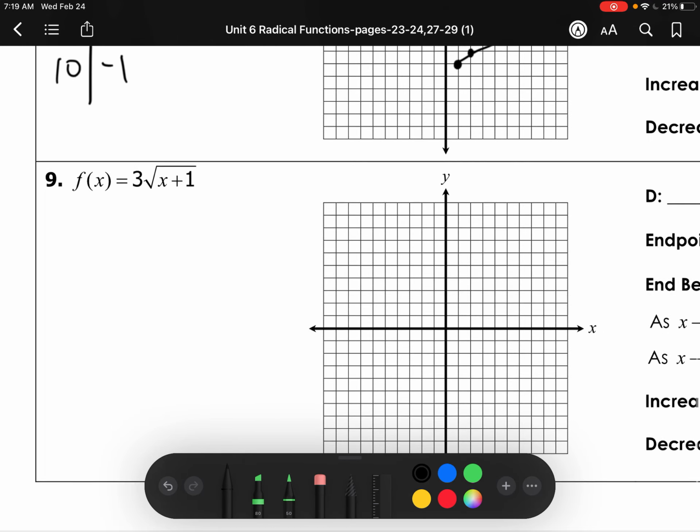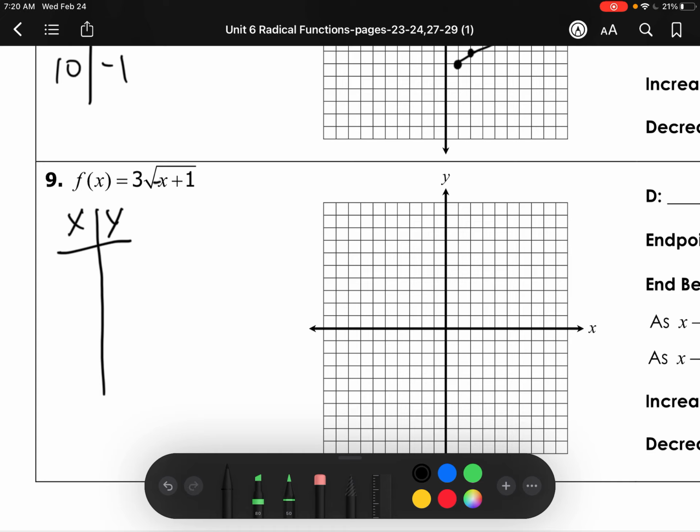Next, for number 9, again, we have a square root function. This time we have a vertical stretch by 3, and we have a shift left by 1, right? So let's go ahead and draw our xy table. So you can start plugging in values at negative 1, right?